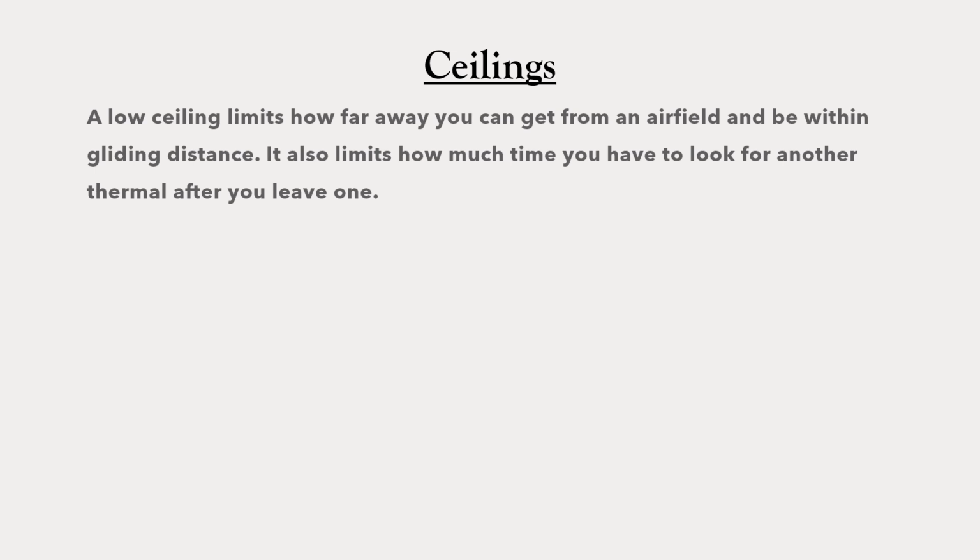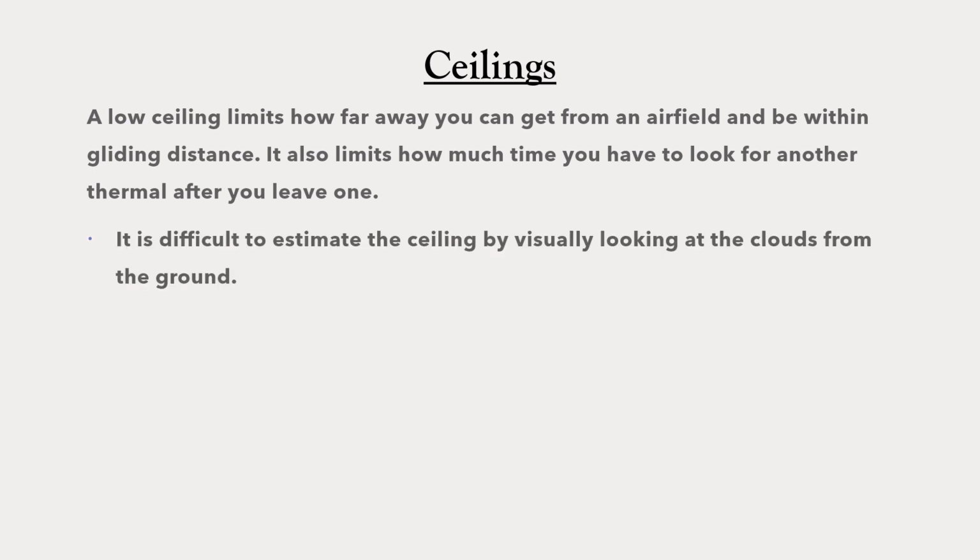So we need a decently high ceiling in order to get very far away from the airport. And when we're looking for thermals, if we get in a good thermal, the ceiling's going to limit how high we can climb in one thermal, which will limit how much time we have to find another one after we leave that thermal.